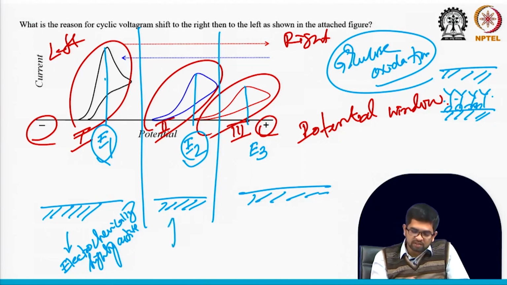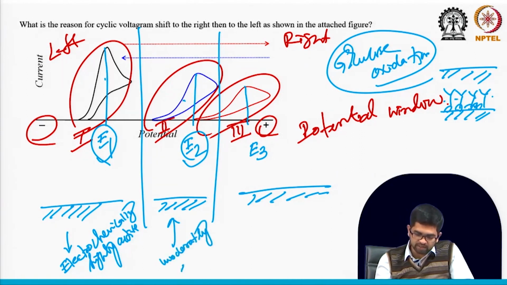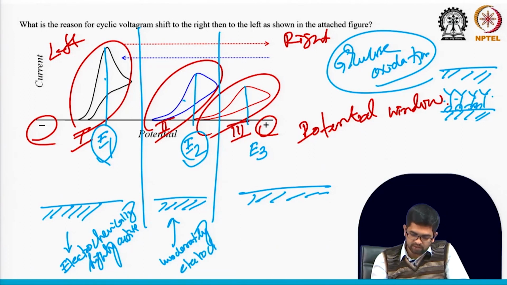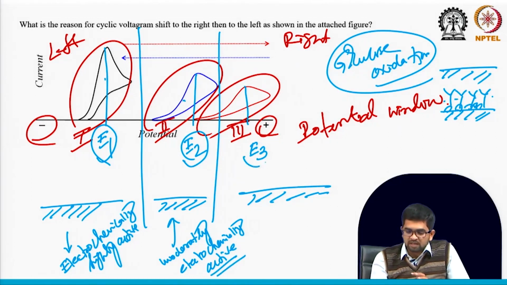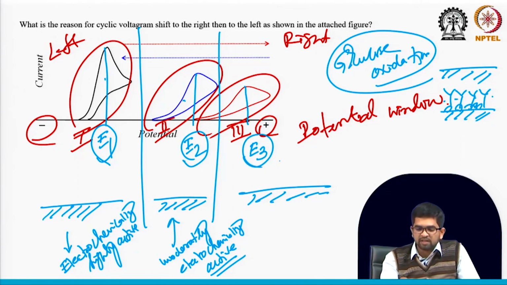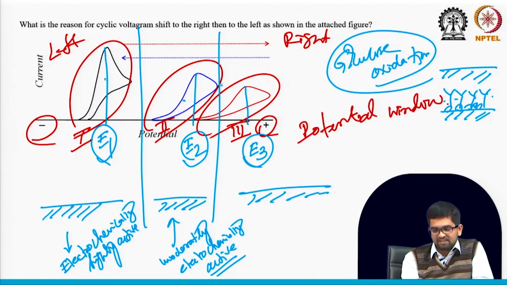That is why this cyclic voltammetry proves that your electrode surface is moderately electrochemically active.